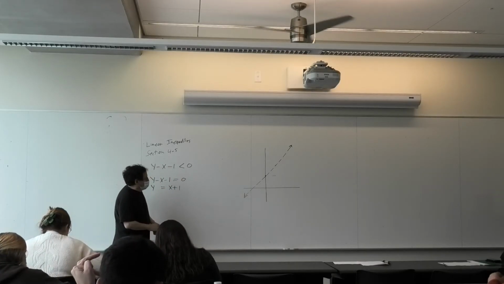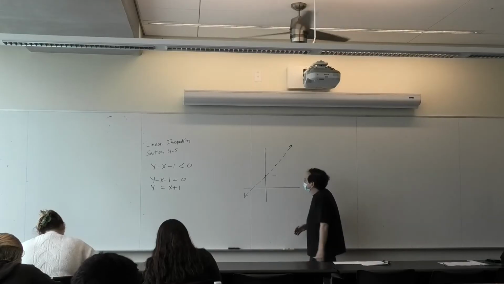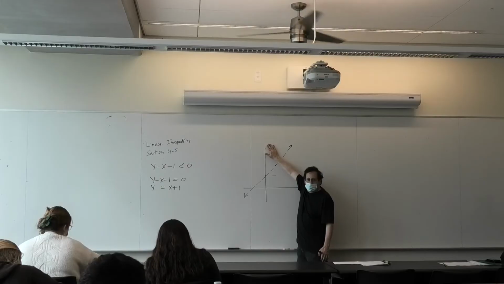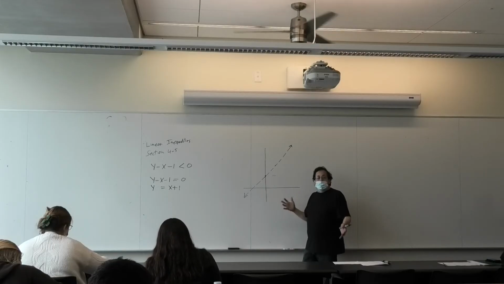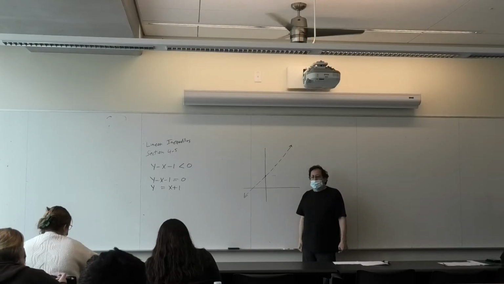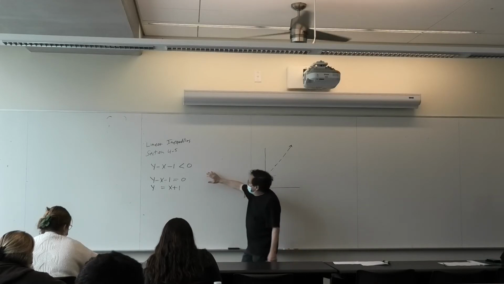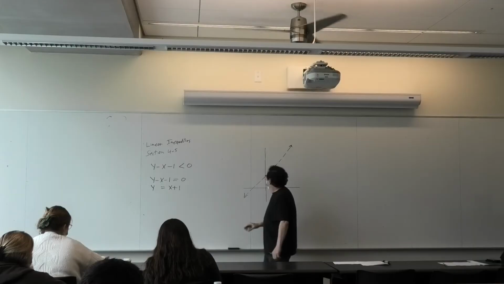Now, those of you who've done this before know that one side of this graph is what we're trying to graph, and the other side isn't. And we don't know which it is. But we're going to go back to the original inequality and check.